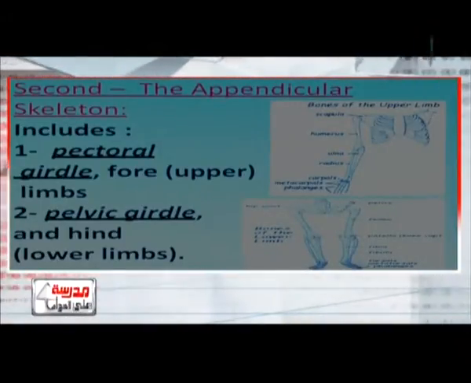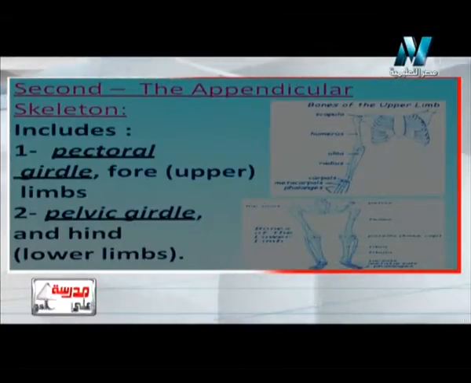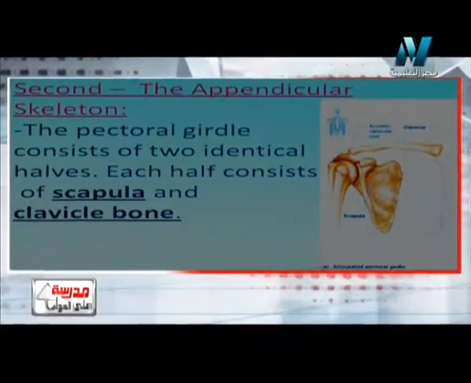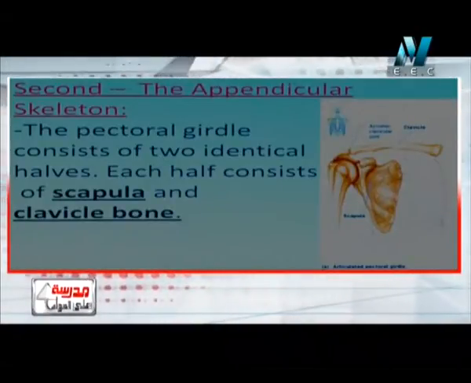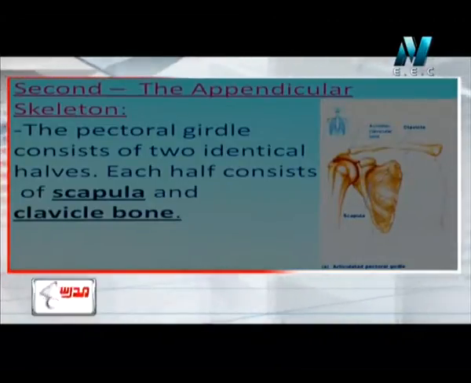And here is the pelvic girdle and hind limbs. The pectoral girdle consists of 2 identical halves, each consisting of a scapula and a clavicle bone.